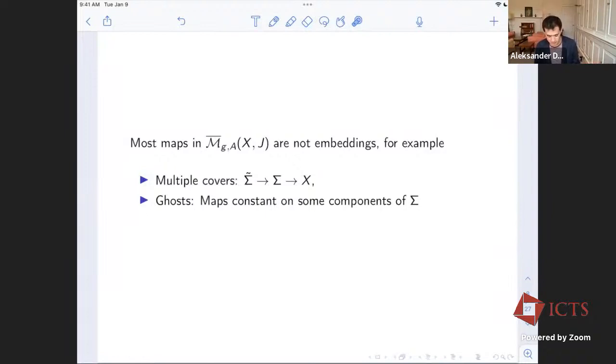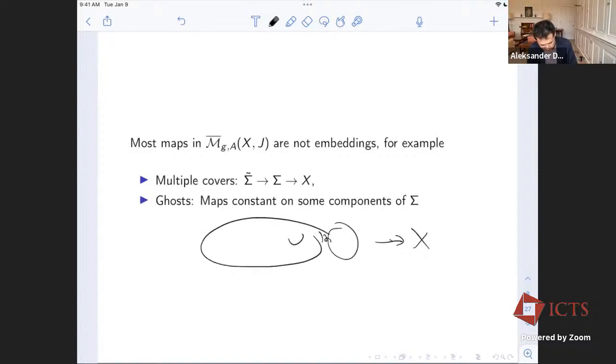And similarly, because now we are allowing maps from singular domains, you could have a single holomorphic curve, for example a single sphere inside X. Even if this one is embedded, I could consider a singular Riemann surface and look at the map which is constant on this component.